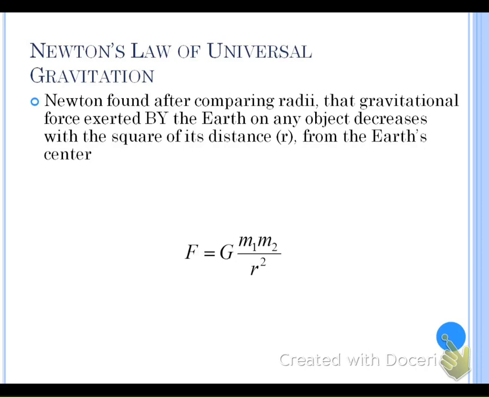So he found that after comparing the radius of the Earth, the distance of the Earth to the moon, all this stuff, that the gravitational force exerted by the Earth on any object decreases with the square of its distance from the Earth's center. So the force due to gravity decreases the farther away you get from the Earth's center.